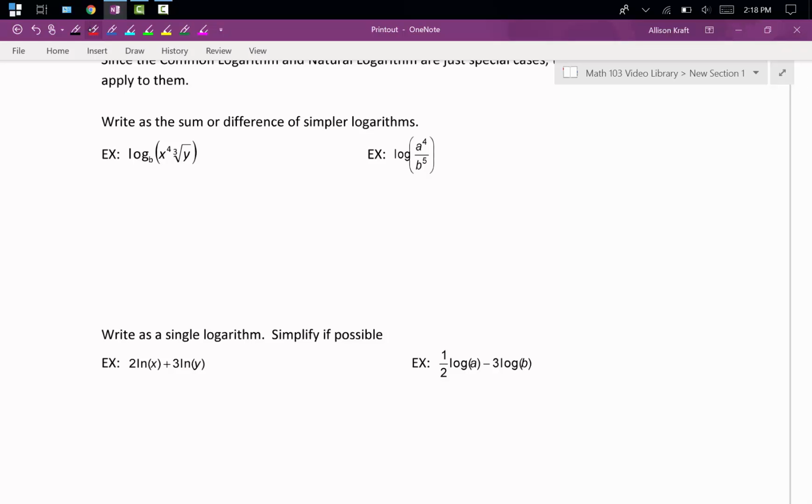So our first example, log base b of x to the fourth times the cube root of y. We see that we have a product here. We're going to start by breaking this product up into the sum of two logs, log base b of x to the fourth plus log base b of the cube root of y.